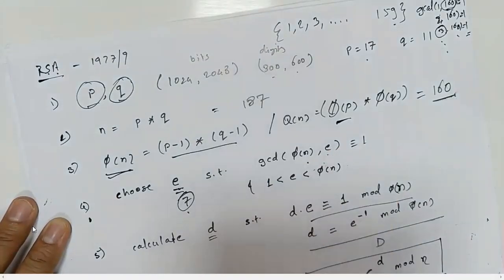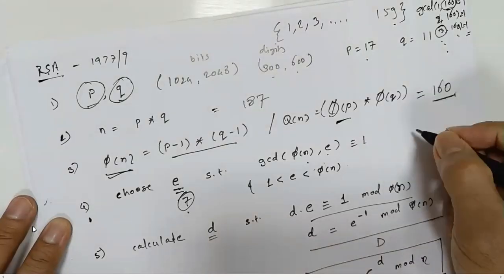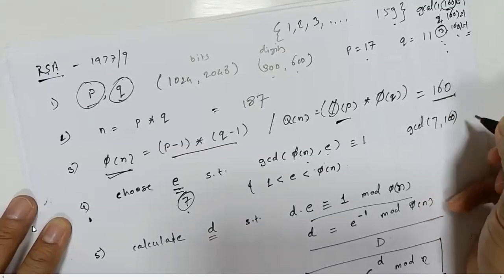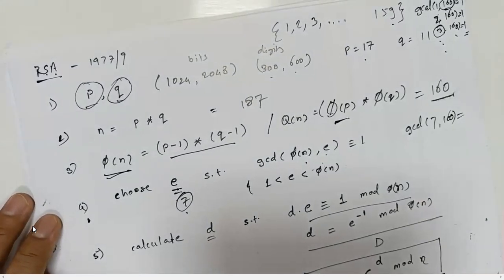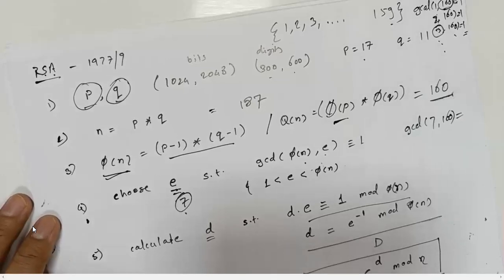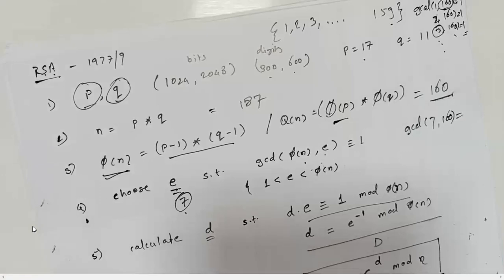So let us find out GCD of 7 and 160. Is it 7?